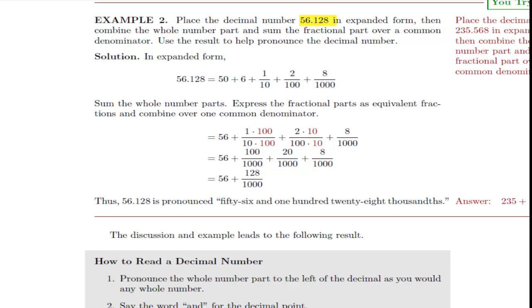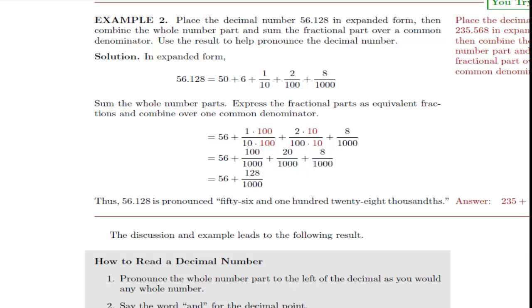Example 2. Place the decimal number in expanded form, then combine the whole number part and sum the fractional part over a common denominator. Use the result to help pronounce the decimal number. In expanded form, the decimal number becomes 50 plus 6 plus 1 over 10 plus 2 over 100 plus 8 over 1,000. Sum the whole number parts. Express the fractional parts as equivalent fractions and combine over one common denominator. 50 plus 6 is 56.